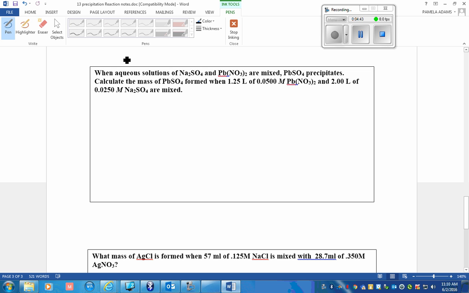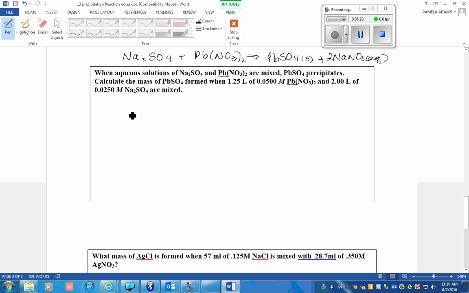Let's write a balanced equation from the reactants. Now, in order to determine how much lead 2 sulfate is formed, we have to determine what is controlling the reaction, what is the limiting reactant.